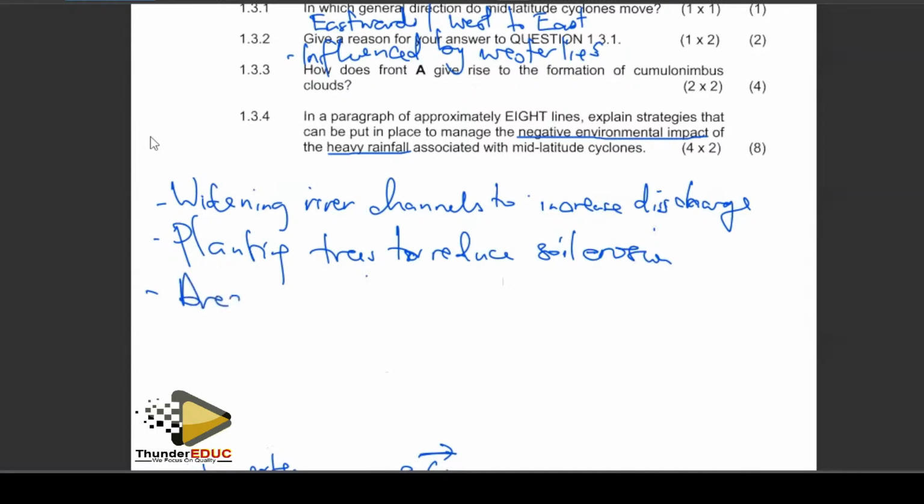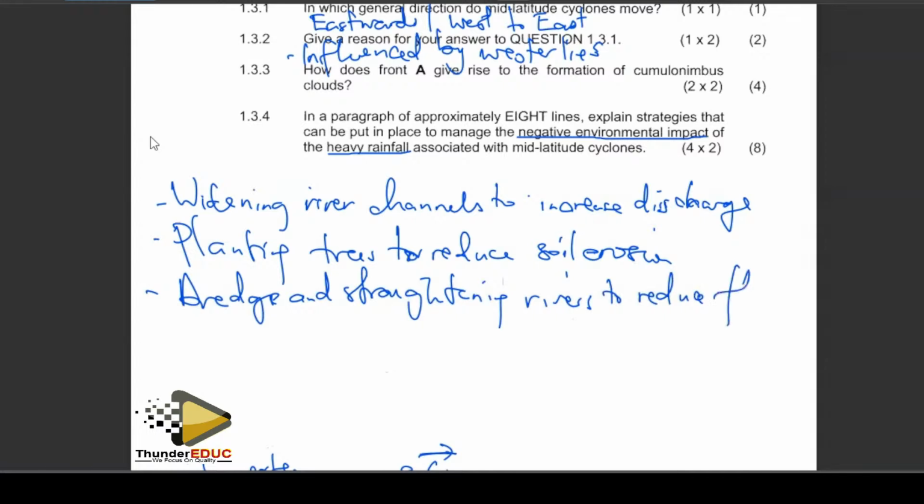or we can talk of dredging and straightening rivers to reduce flooding. Winding rivers have got more risk of flooding than straight river channels.